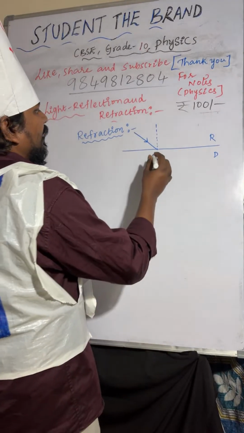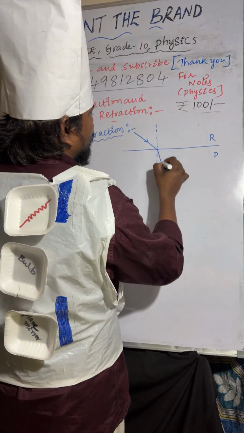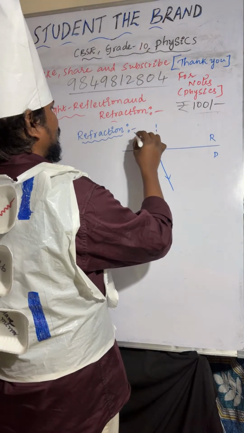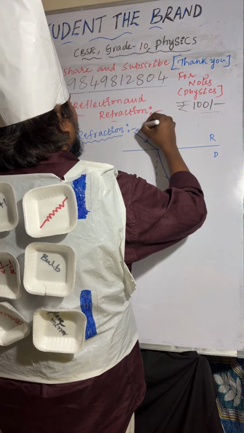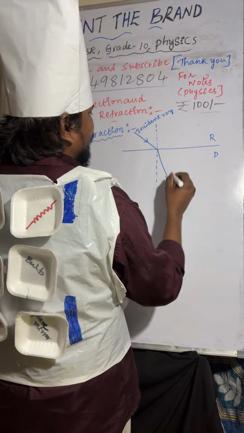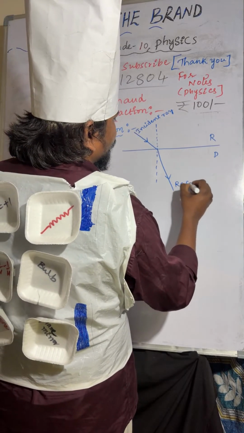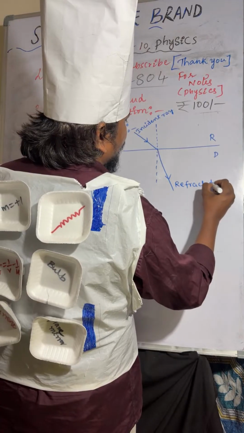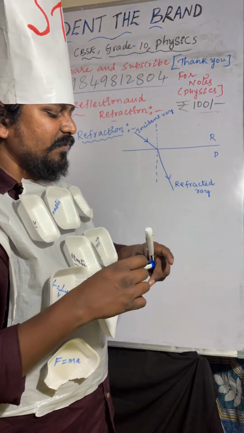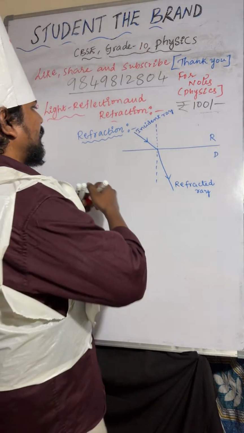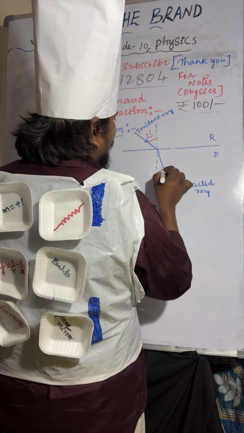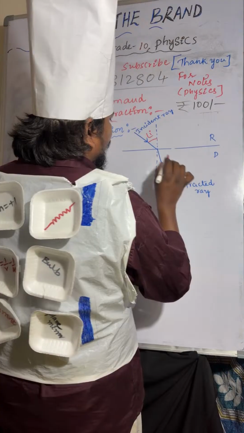This is the incident ray, and this one is the refracted ray. The angle between the incident ray and the normal line is called the angle of incidence. The angle between the refracted ray and the normal line is called the angle of refraction.